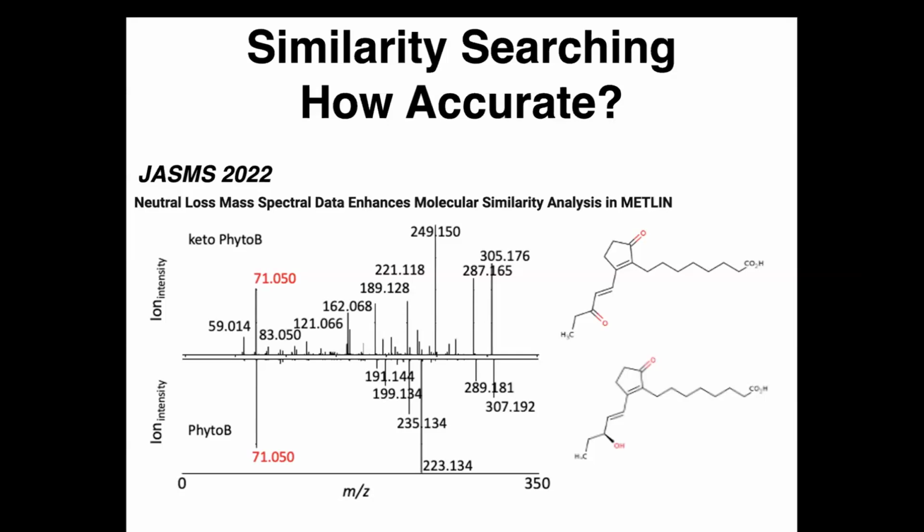And you can see the molecules are very similar. The only difference between them is that one molecule has a ketone on it, and this molecule has a hydroxyl group. That's the only difference between these two molecules. So if you try to do similarity searching with this approach, based on the MSMS data, it would be a disaster. There's very little similarity between these two molecules, even though they're structurally extremely similar.